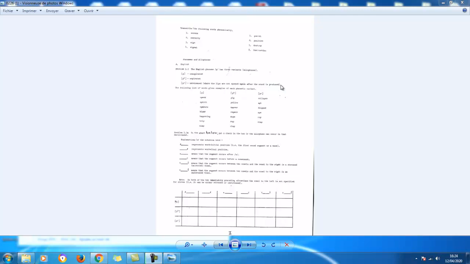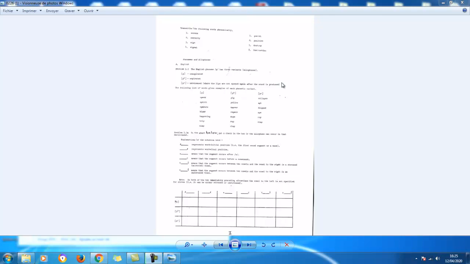Does this remind you of something that you have already seen? Of course, you should remember the three phases of stops. You remember that we talked about stops as being composed of three different phases.